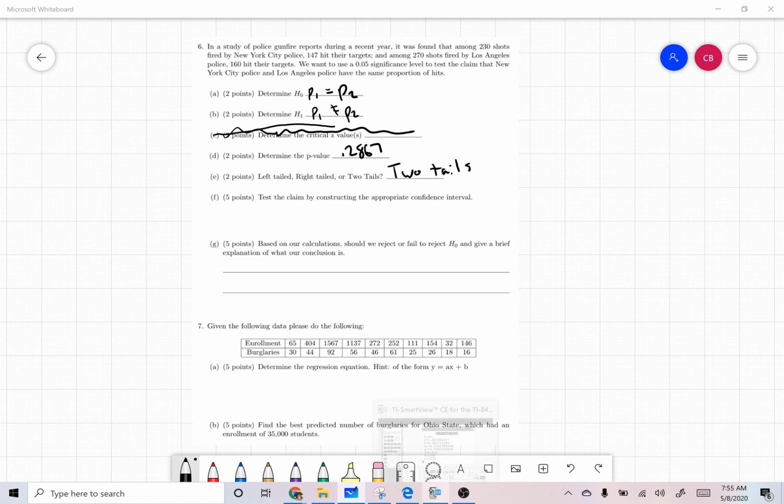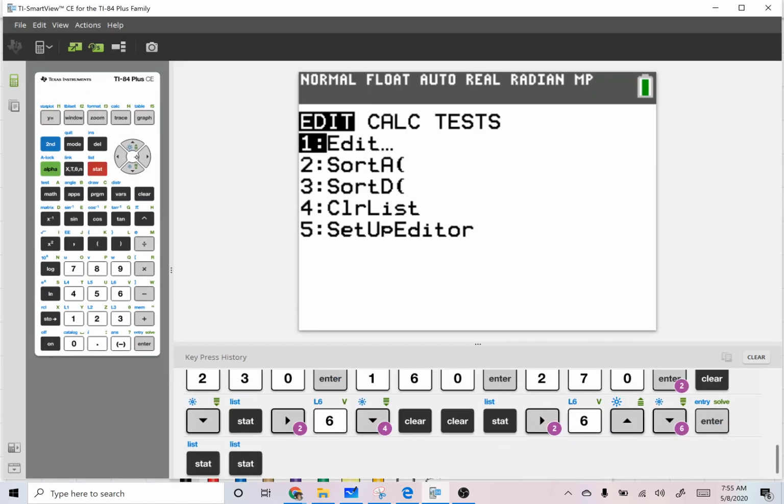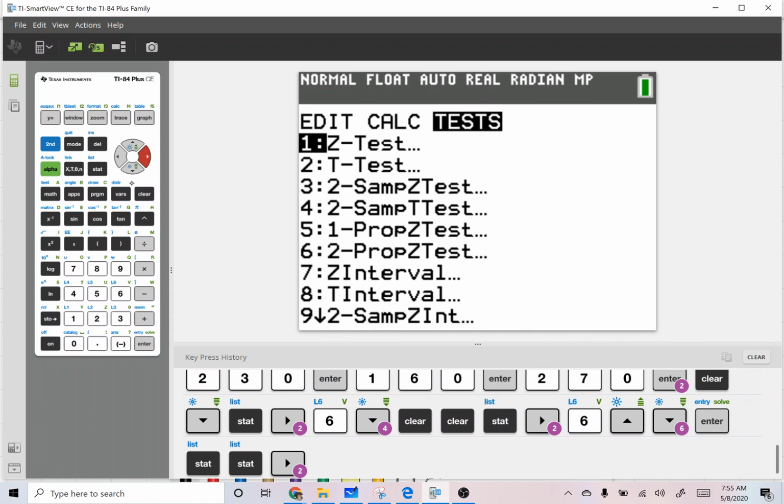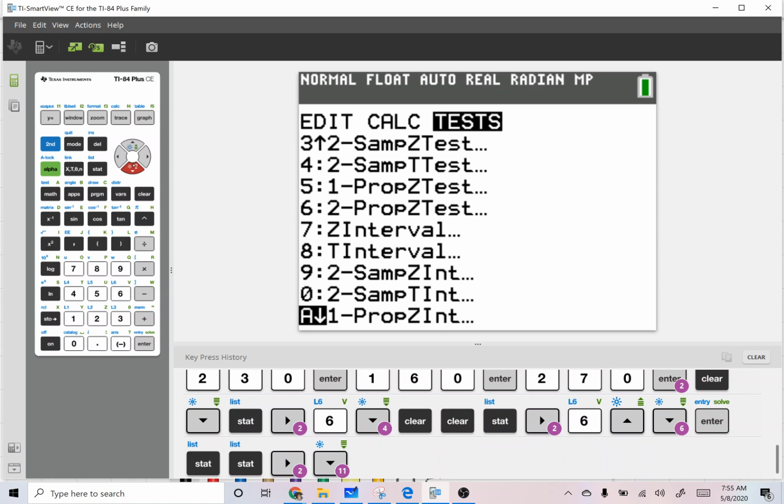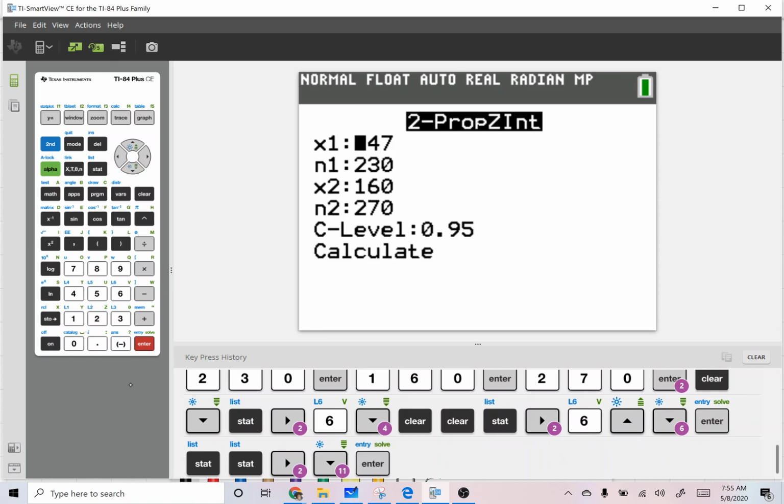So if we wanted to do this one, we're going to go back to the same menu, but this time we're going to go to 2 prop z int. Since the significance level is 0.05, that means the confidence level is 0.95.